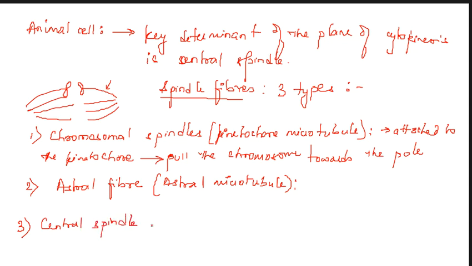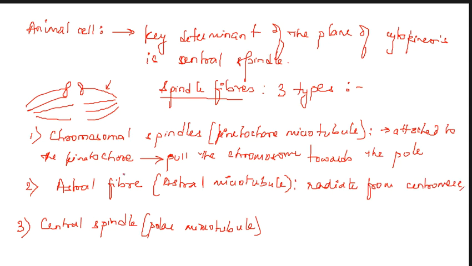It is said to be polar microtubule. Astral fibers are not attached to any chromosomes. They simply radiate from the centromere and are not attached to any chromosome.